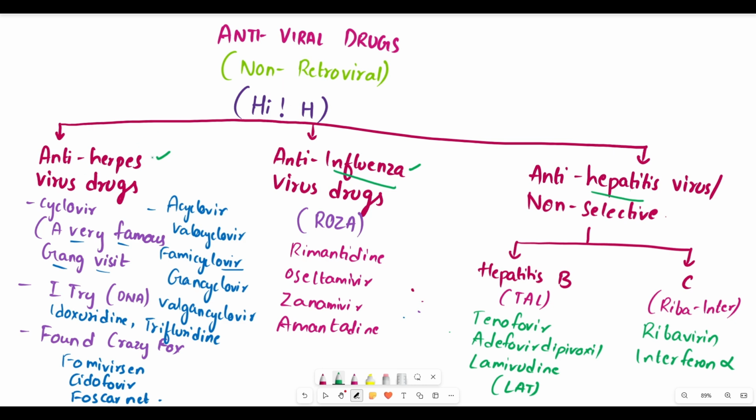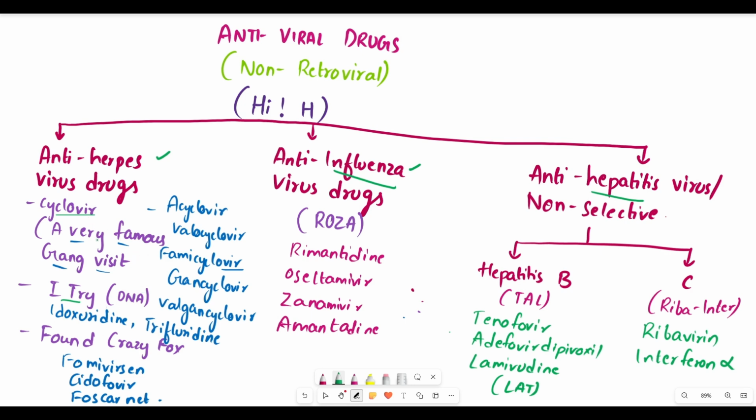So here the first class is anti-herpes virus drugs. Just divide this trick into three different parts. Some drugs we write with cyclovir, some with I try, and some with fox crazy fox. So remember cyclovir, I try, and fox crazy fox. And these anti-herpes virus drugs you can easily write with these tricks.